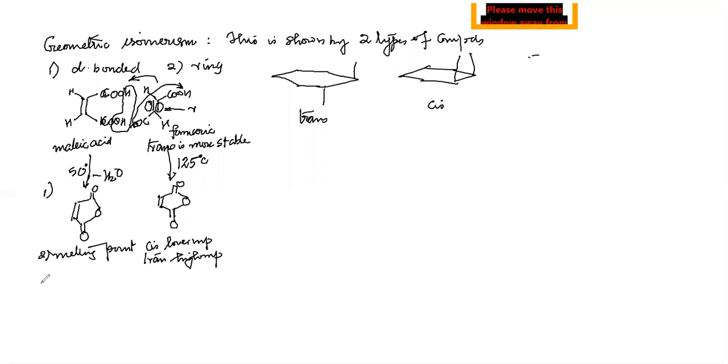Another method is based on dipole moment. You can see here, there will be a positive dipole moment for the cis compound. What is dipole moment? See here, the polarity of each bond.